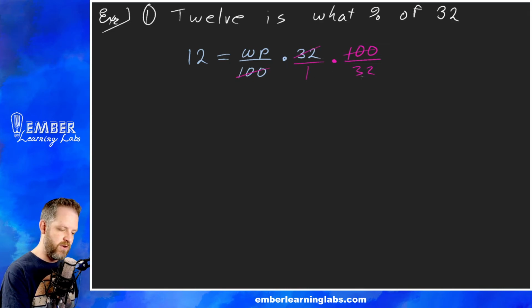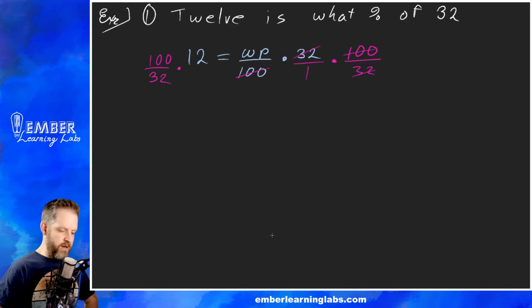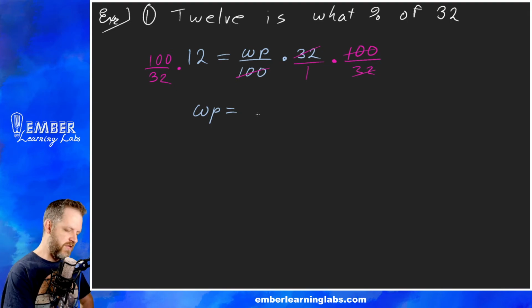These cancel. And then we're going to multiply here as well, because if you do it to one side, we've got to do it to the other side, right? So on this side, we're going to do 12 times 100 divided by 32. And when we do that, we end up with WP equaling 37.5%.